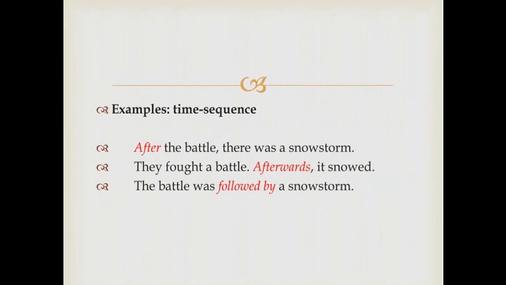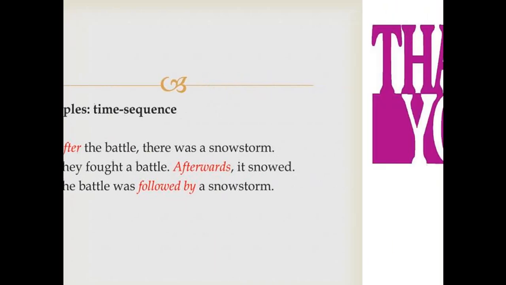Examples of time sequencing: after the battle there was a snowstorm. Here, after is a temporal conjunction. They fought a battle. Afterwards it snowed. Here, the word afterwards is also a temporal conjunction. The battle was followed by a snowstorm. Here, the phrase followed by is also a temporal conjunction.